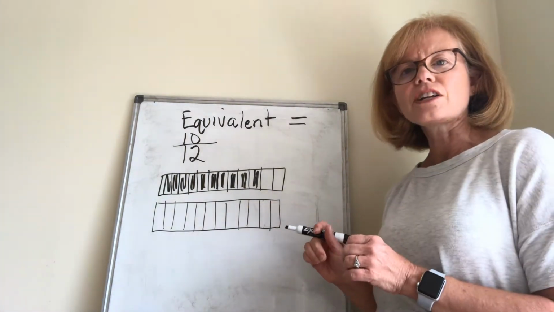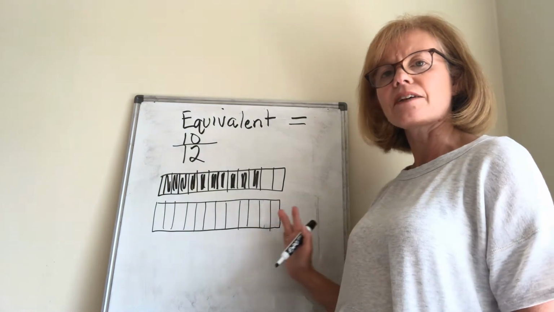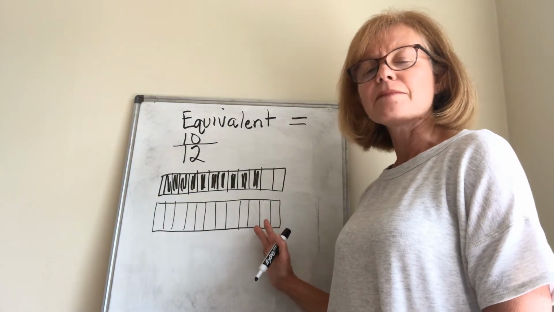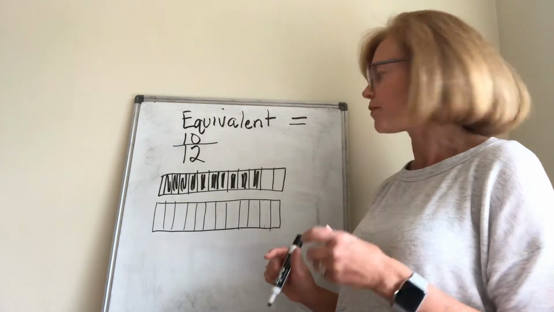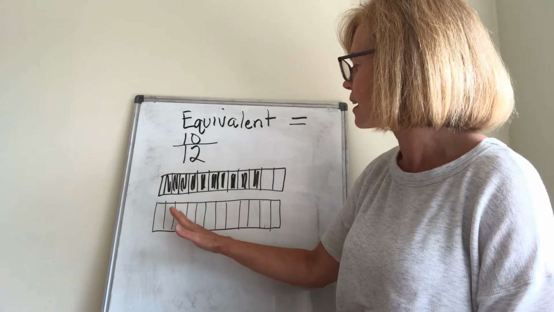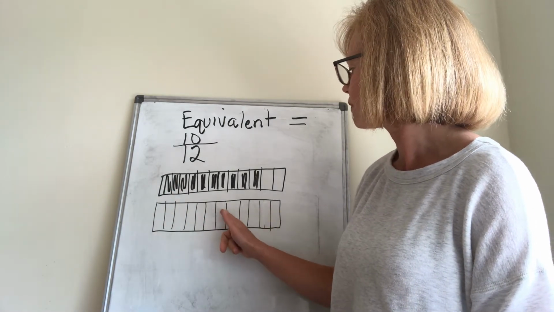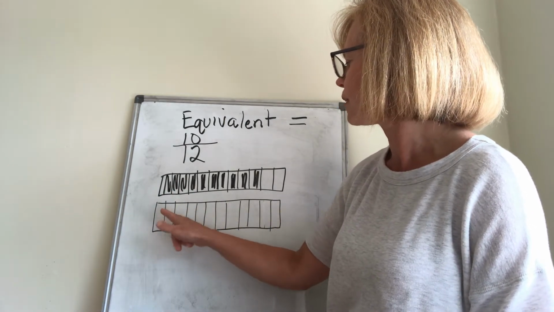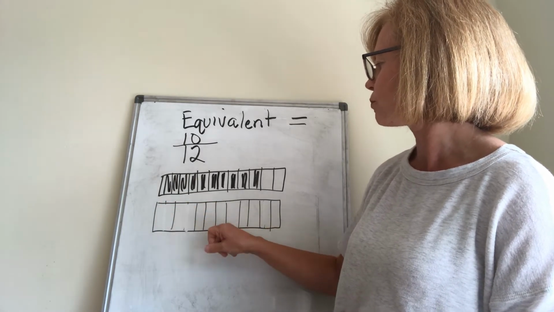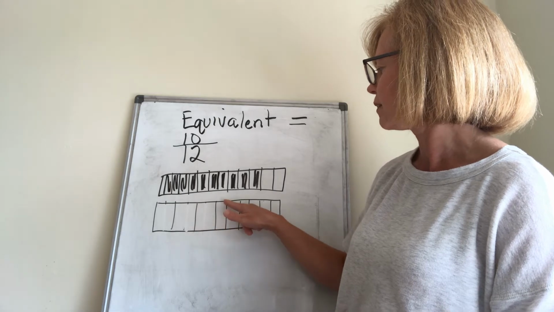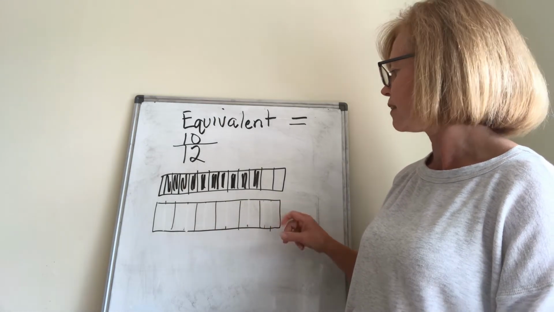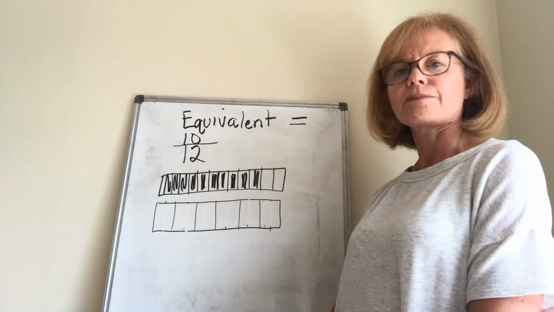Now what I want to do though is see, can I make a model of a fraction where I'm not dividing everything by 12ths? What would happen if I said, instead of dividing everything by 12, 1, 2, 3, 4, 5, 6, 7, 8, 9, 10, 11, 12, what if I did half as many? So I'm going to erase every other line, so I have half as many of these lines here.